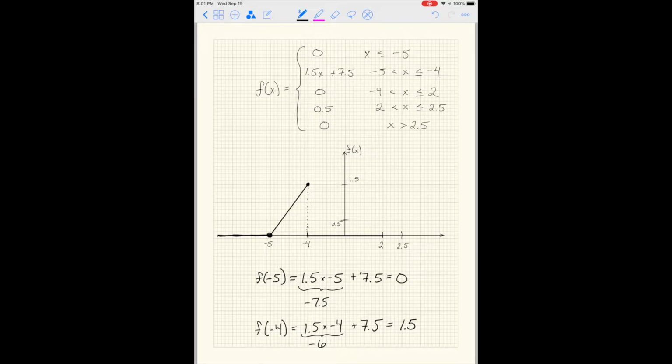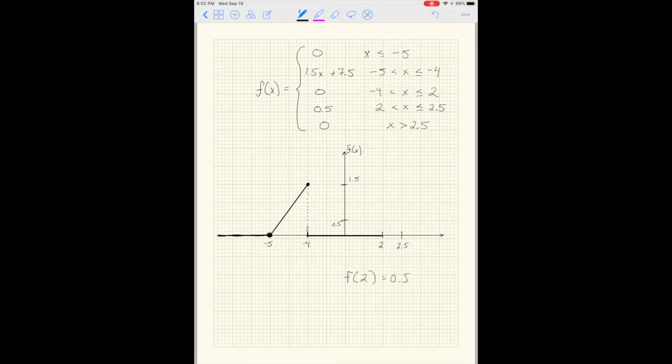And then between 2 and 2.5, I see that f of x is just equal to 0.5.